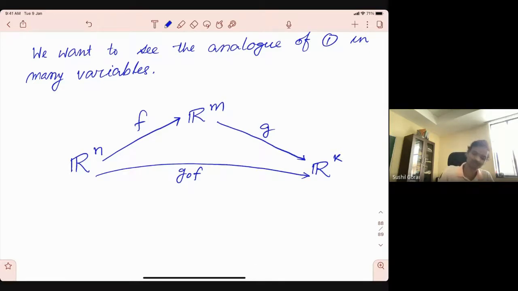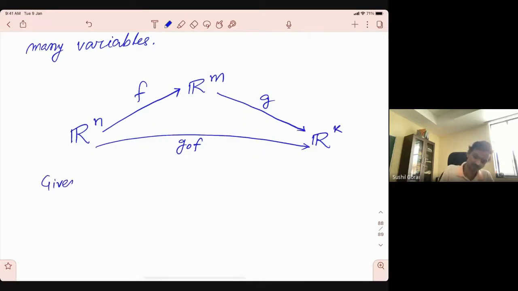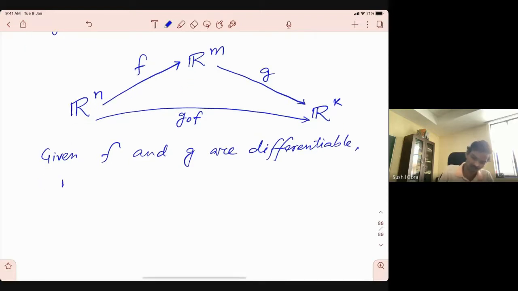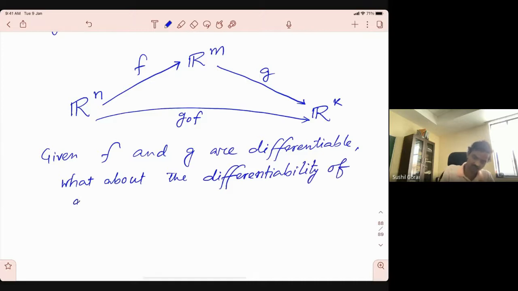Given f and g are differentiable, what about the differentiability of g compose f?